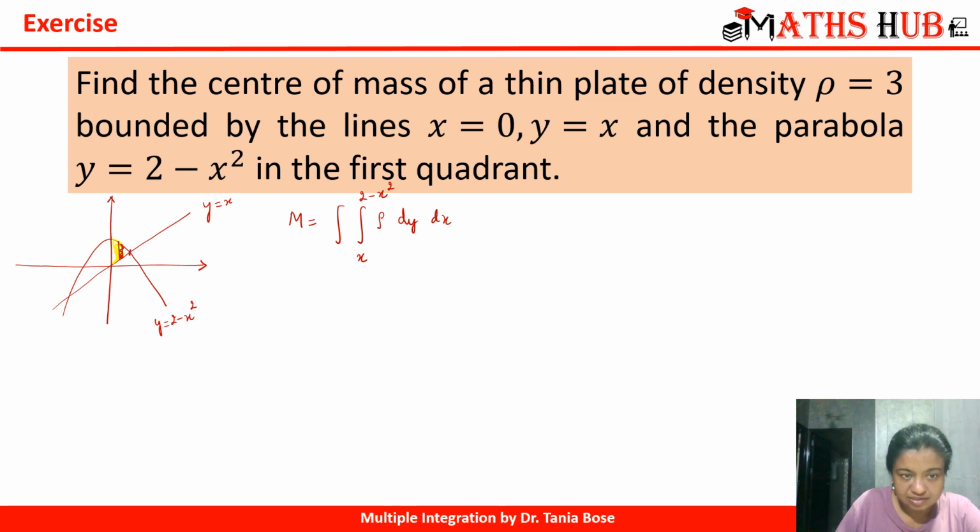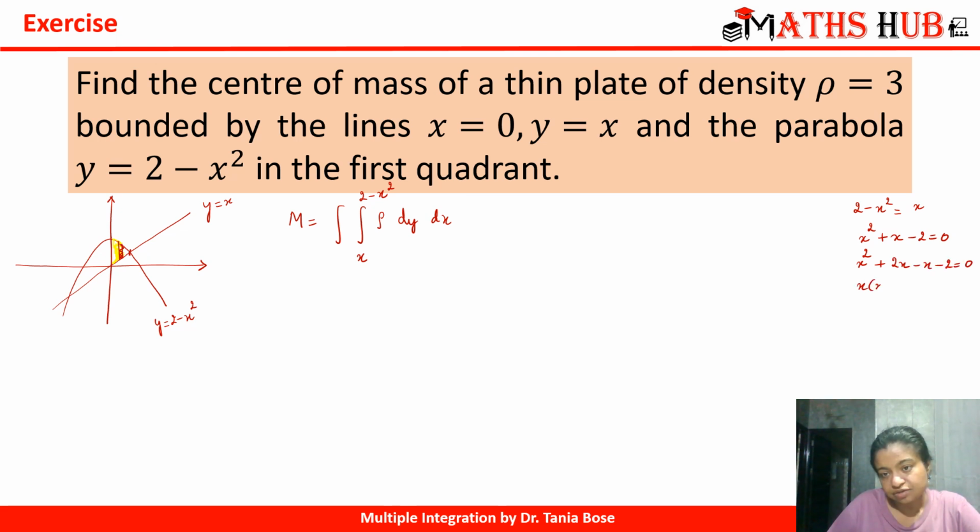So I need this intersection point. I'll solve 2 minus x squared equal to x. I'll equate both of them, and from here I get x squared plus x minus 2 is equal to 0. So x squared plus 2x minus x minus 2 is equal to 0.